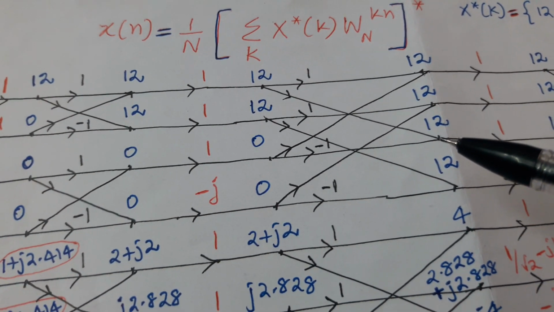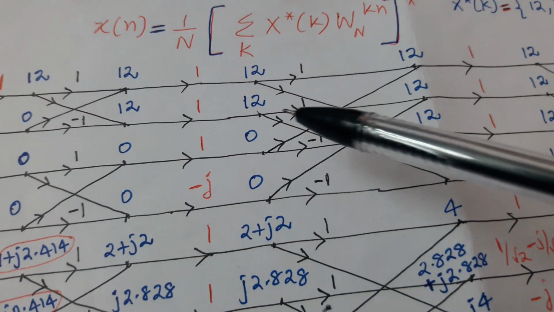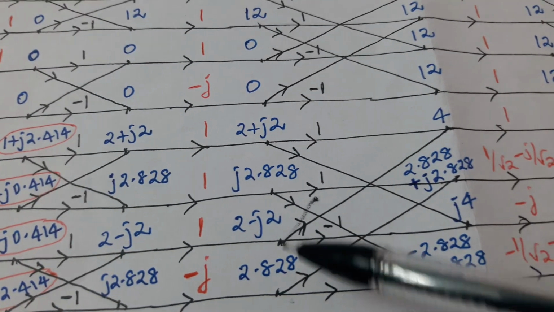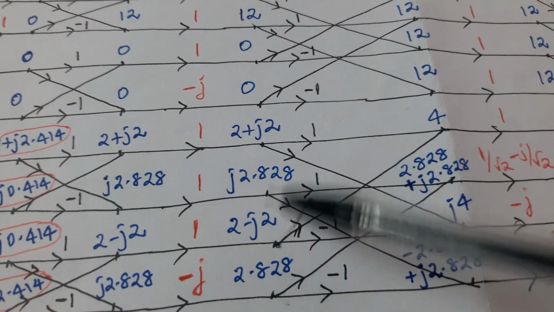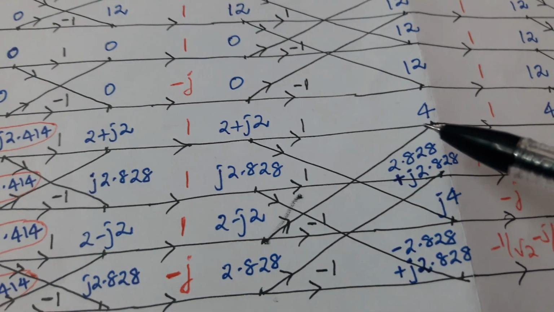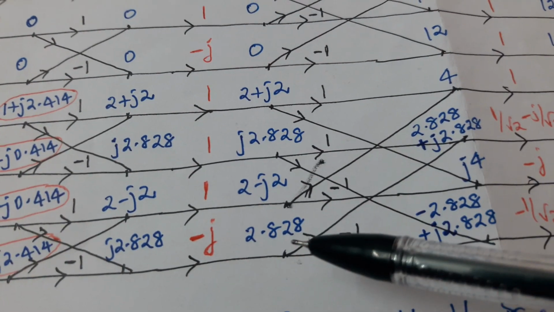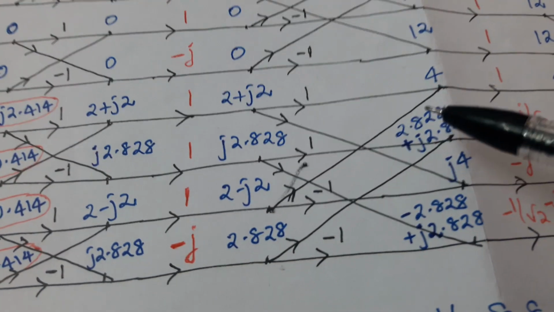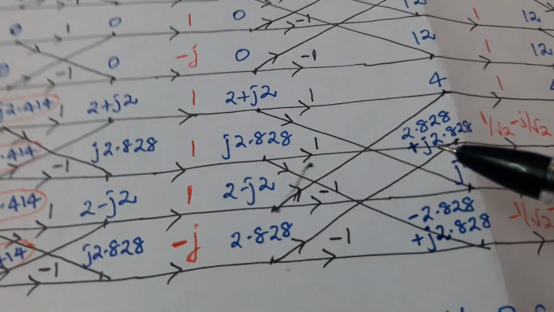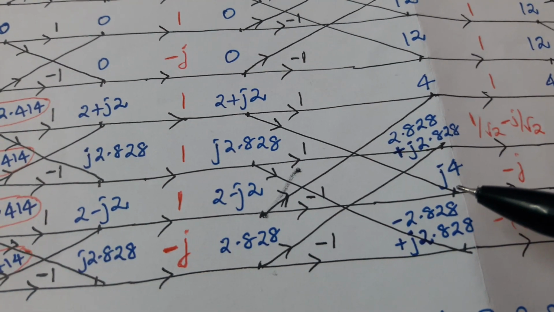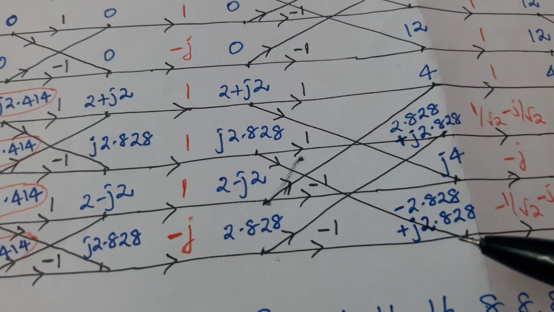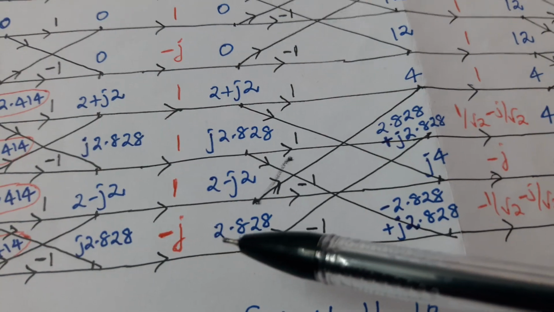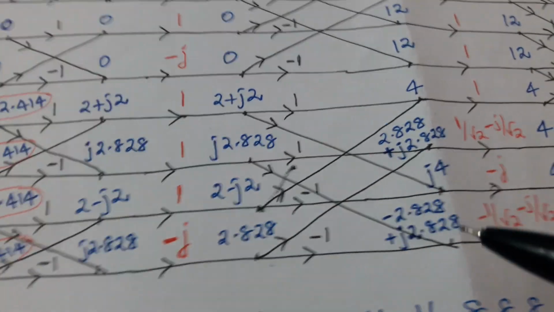This is a1 minus b1, a2 minus b2, which is 12 minus 0 is 12. This point a1 plus b1. So when you add this, the imaginary part gets cancelled and you have 4 here. Be careful while adding this, a2 plus b2. So write the real part first and then the imaginary part. That will be good. Again this is a1 minus b1, and this is a2 minus b2. So here also first write the real part and then the imaginary part.